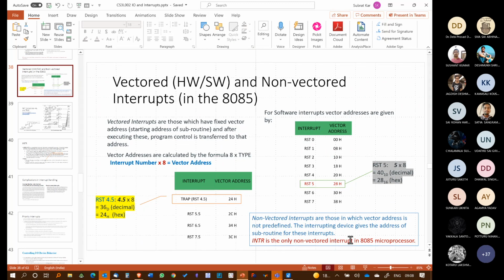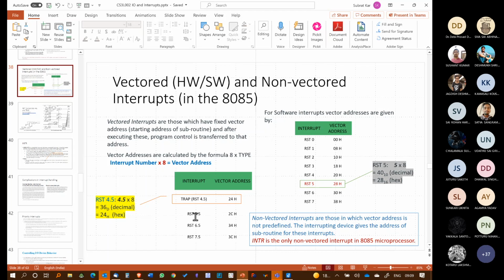Whenever you do a restart-based vector, what really happens is that the restart expects you to go to a known location in the memory space. So, RST 4.5 will take you to 36D or 24H. So, 24H is where the address will be. This will tell you where to go if RST 5.5 comes.